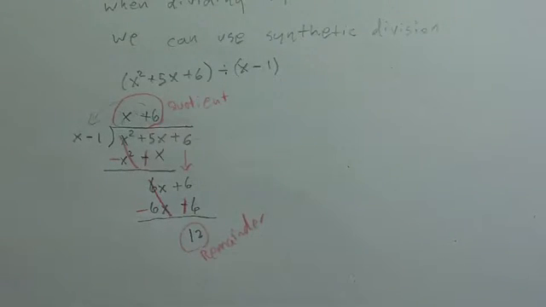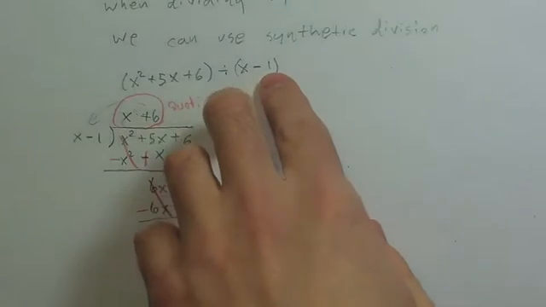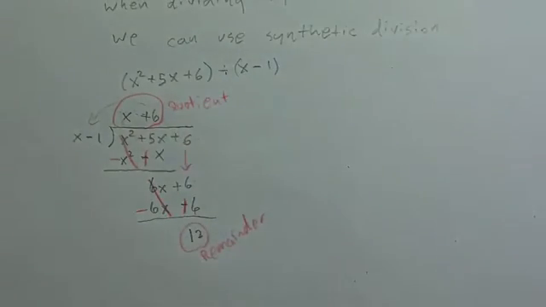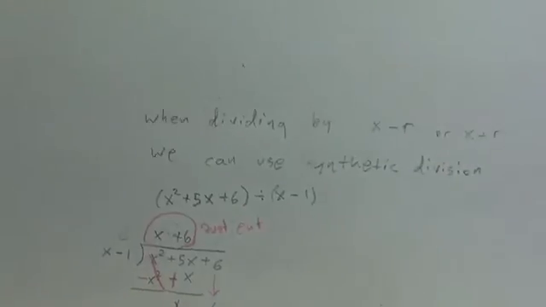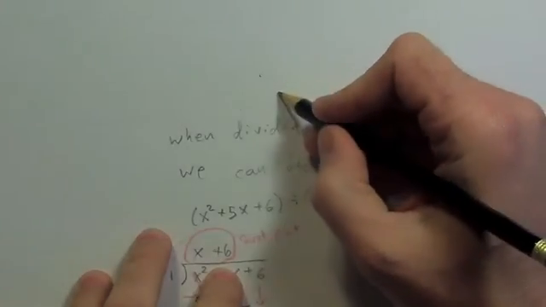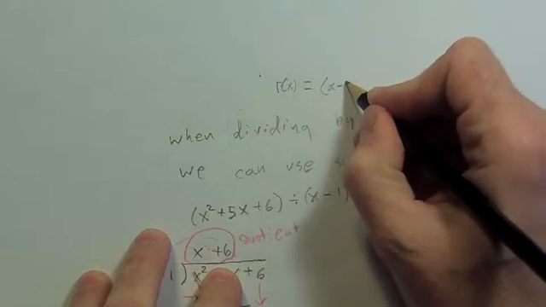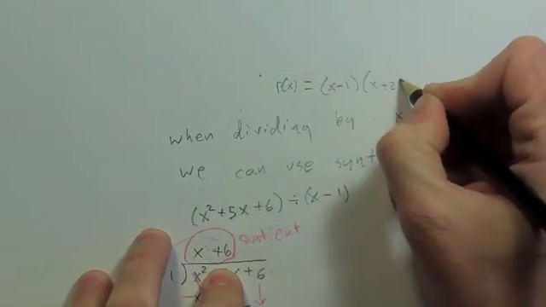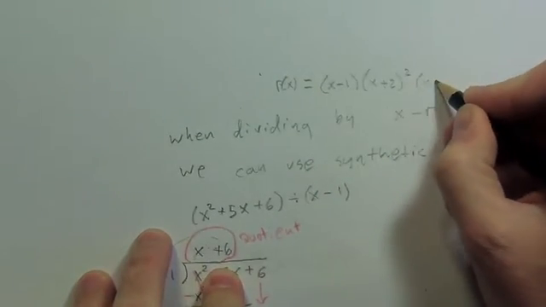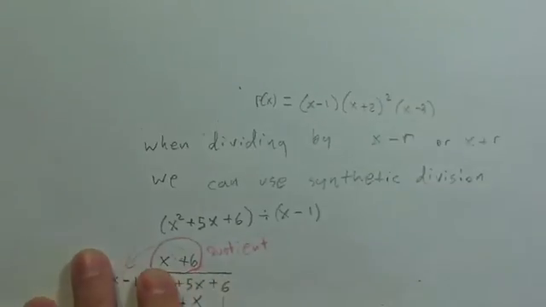The simpler types of problems, but that's fine, because if you remember, polynomials in complete factored form end up looking like x minus 1 times x plus 2 squared times x minus 3, stuff like that.